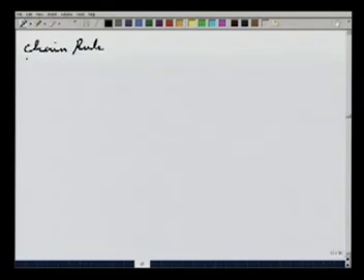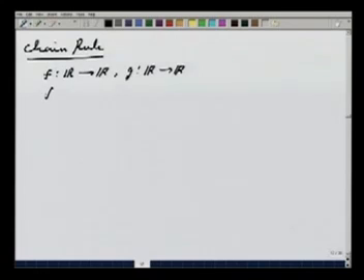So what is a chain rule? So suppose I have a function f from R to R, and g is another function from R to R. Assume that f, g are differentiable. Then I can look at the function f compose g.